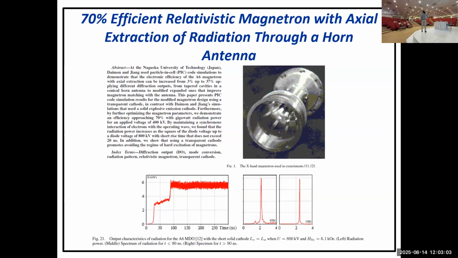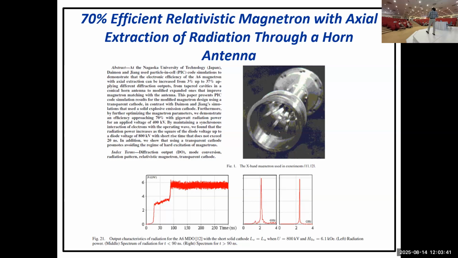Fuchs, he was my co-advisor, did the experiment in Russia in the 80s, but it didn't produce any significant improvement on radial extraction, and then they abandoned it. In the 2000s, a group in Japan revisited the problem, and they found that the Russians were having a waveguide cutoff dimension. So they were not radiating the generated power, they were trapping it. When they changed the dimension and allowed the mode to propagate, they got, I think, 35%.